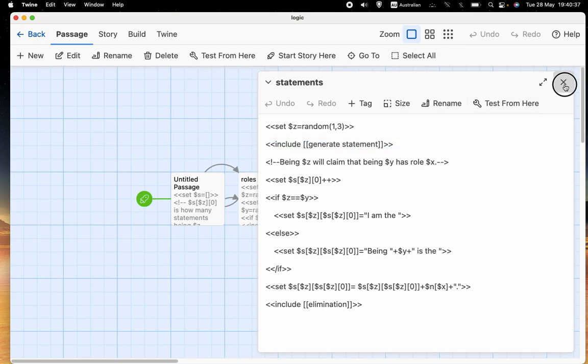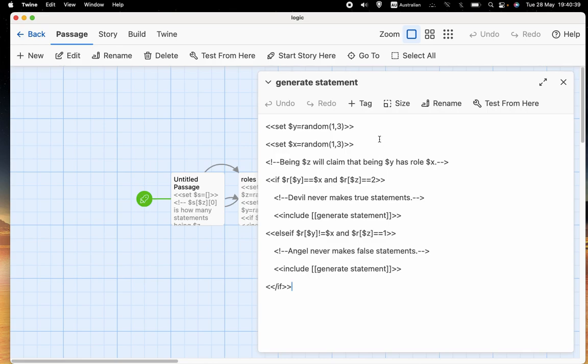So generate statement: we set Y equals random 1 to 3, and we set X equals random 1 to 3. As we've said, being Z will claim that being Y has role X. And now we have to check whether that's okay. So the devil never makes true statements.